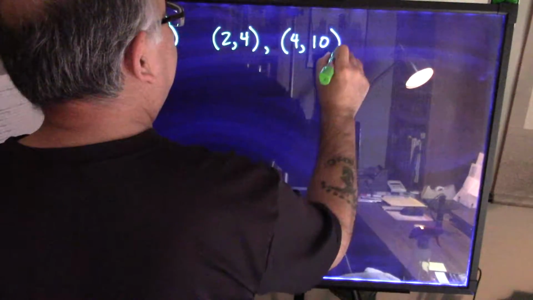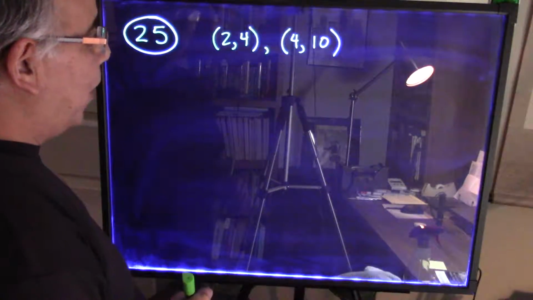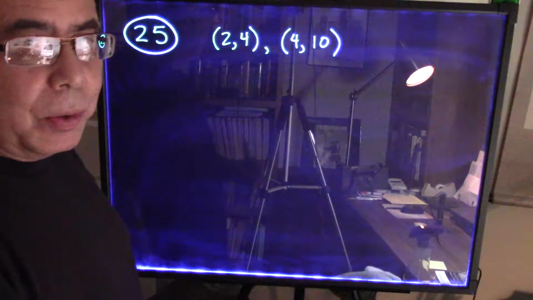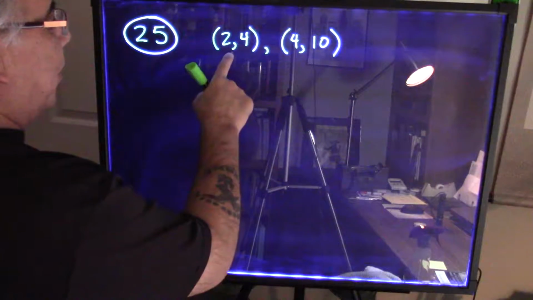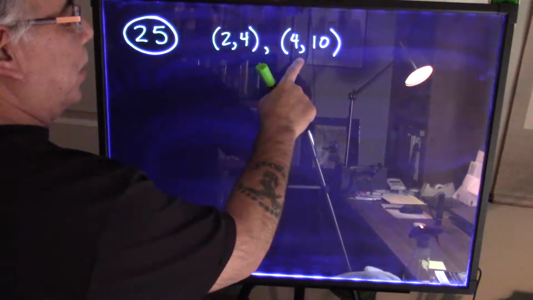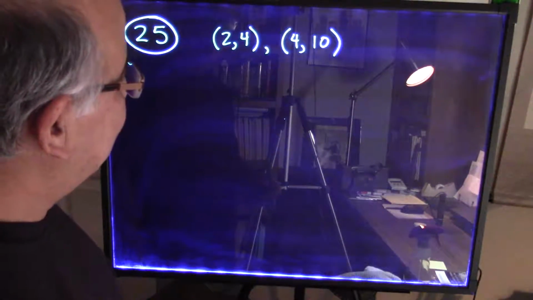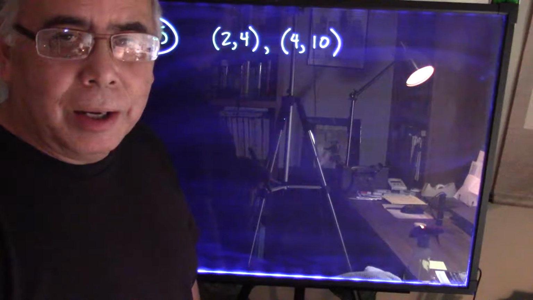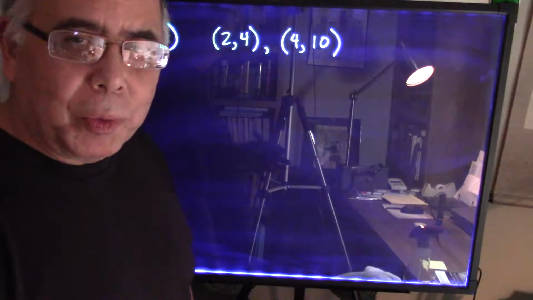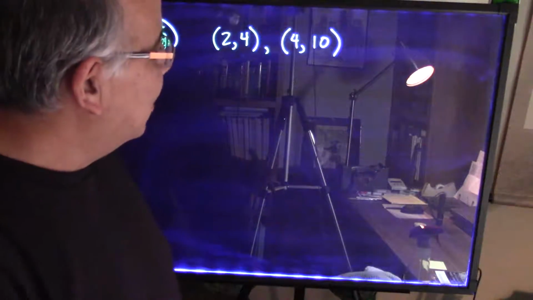Okay, now it doesn't matter what you call x1, y1 and x2, y2. You can call this x1, y1 or this x1, y1 because it doesn't matter. You'll get the same result either way.